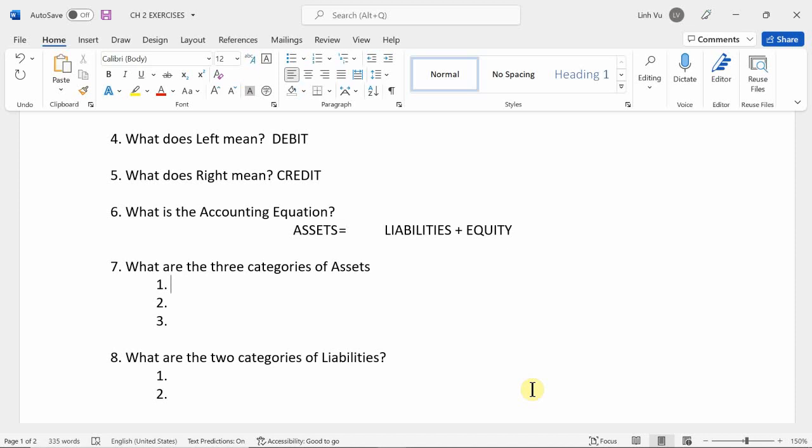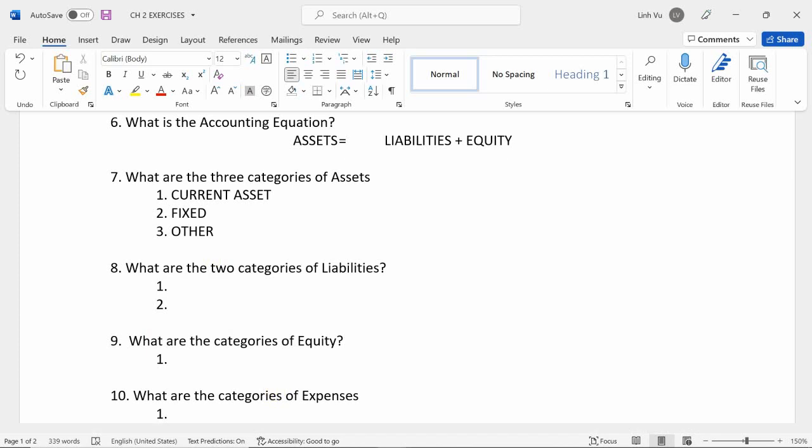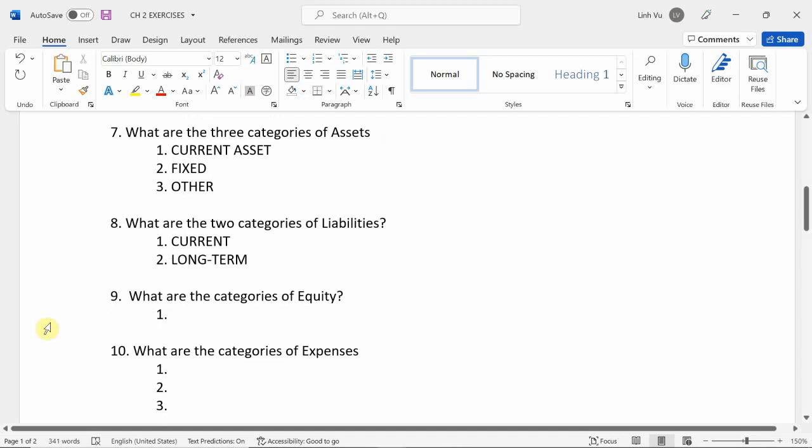Current assets, good. Fixed assets, good. What else? And other, good. Number 8, what are the 2 categories of liabilities? Current liability. Long term. And long term, good. There's no such thing as short-term liabilities. It's current.